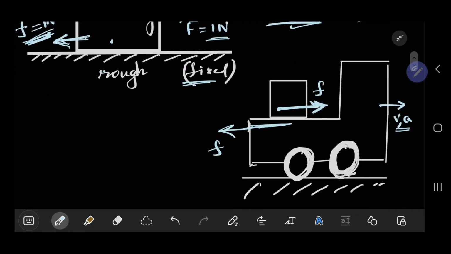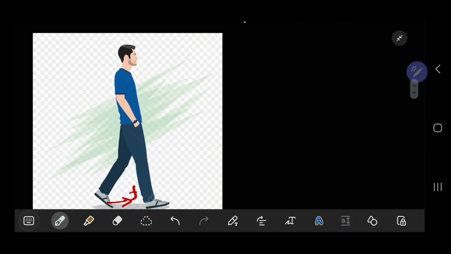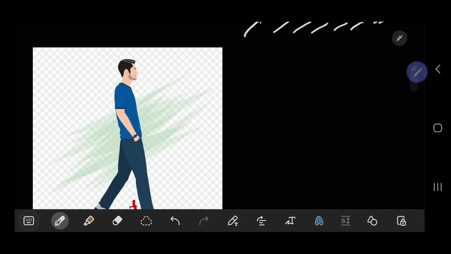It is because of this static friction's nature that there is no relative slipping between the tires of a car and the road, or of any vehicle and the road. That is the reason why our tires are safe, because if there were relative slipping, every other day you would have to change your tires because of wear and tear. So static friction really helps us. It is supporting us in many ways.